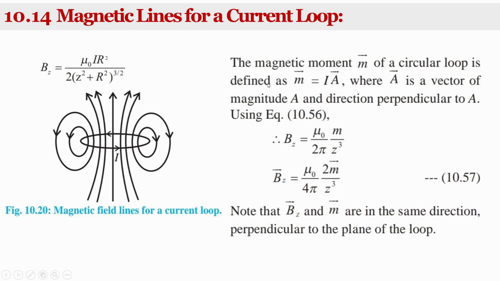Clear that? So the magnetic moment vector m of a circular loop is defined as vector m equal to I into vector a, and in magnitude, m equal to I a. We can substitute that value in the equation.